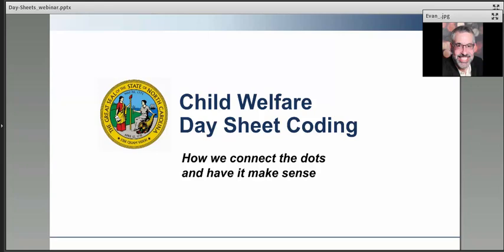Hopefully before the presentation is over, you'll have learned a little bit about day sheets, about coding, and how to ultimately maximize the results for the effort you're putting in. And the theme you'll hear me repeat many times today is giving yourselves credit for the work you're doing. Y'all are working incredibly hard, and we want to make sure that you're getting credit for that good and challenging work.